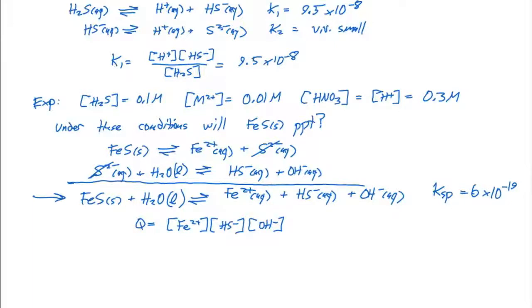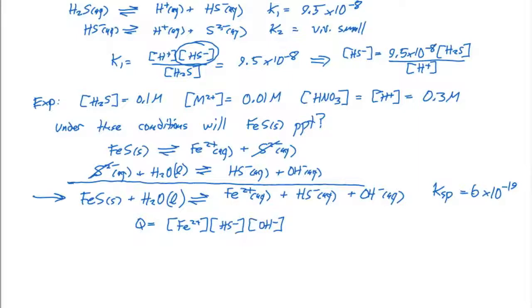The first thing that we need to look at is the HS- concentration. The HS- concentration comes all the way up here from this particular expression. So if we were solving for our HS- concentration, it is going to equal 9.5 times 10 to the minus 8 times the concentration of H2S divided by the concentration of H+.